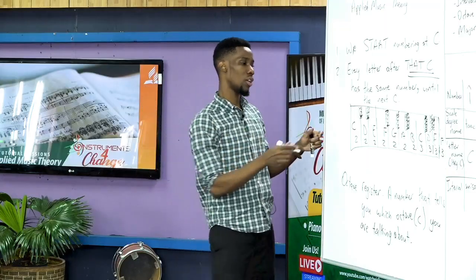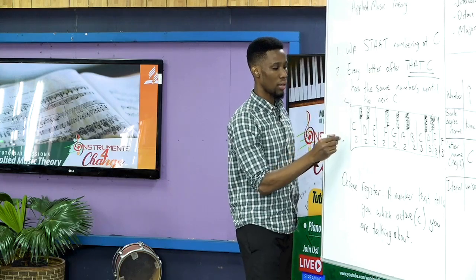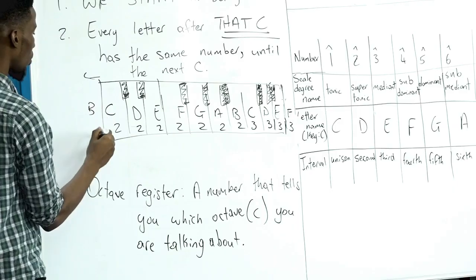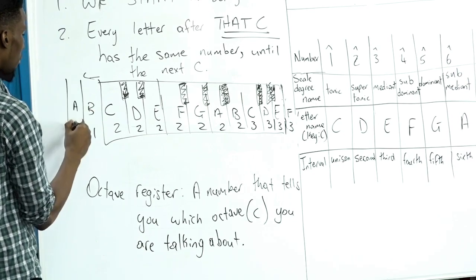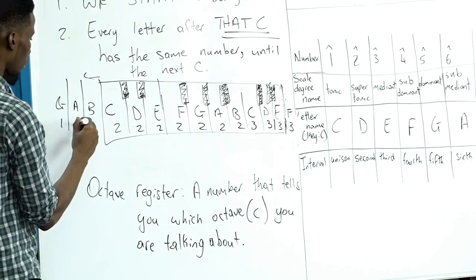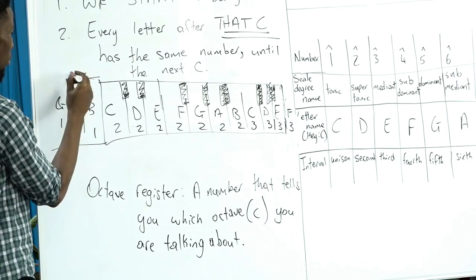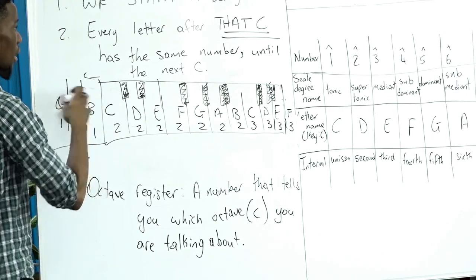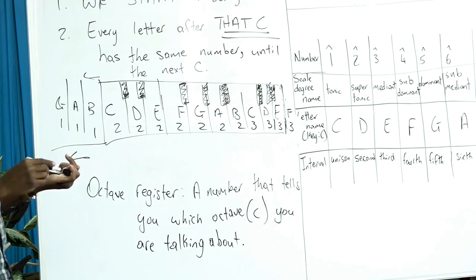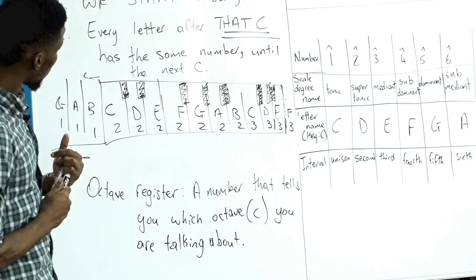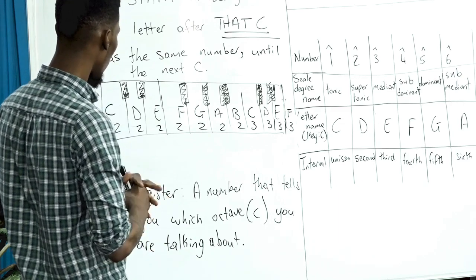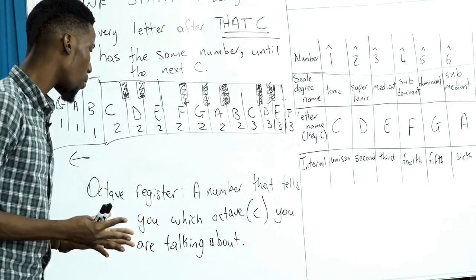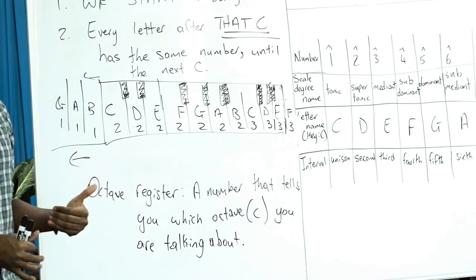Getting the principle? Going back the other way, if we had B here, this would be B1, then A1, then G1, and so on. So that is the principle of octave registers. It's basically a number that tells you which octave we're talking about.